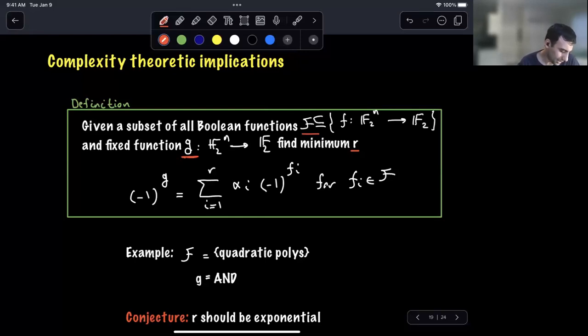And one particular example that people studied before is when this subset f is all quadratic polynomials, and this function g is the AND function.